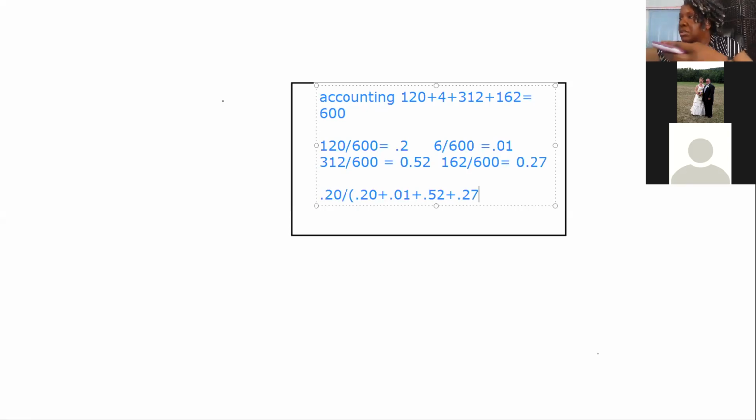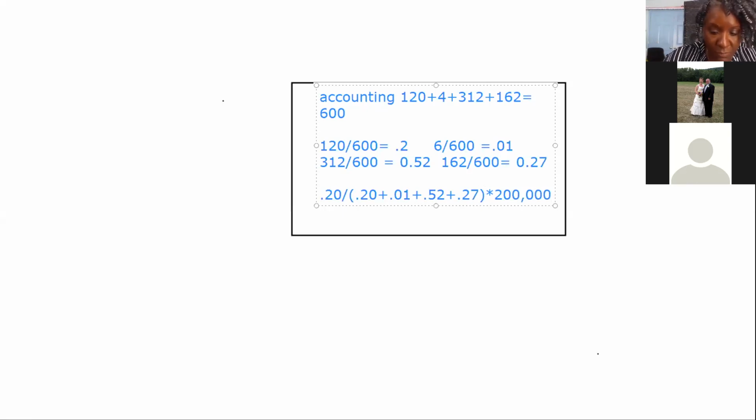Good. All right. So to make this calculation work, and again, it's going to be the same for the others, but for now, we're just dealing with the accounting side of it. I take 0.2 and I divide it by 0.20, 0.01, 0.52, and I multiply this by what? What am I going to multiply this by? This whole mess. I'm going to multiply it times the 200,000, which is the cost associated with the maintenance department.